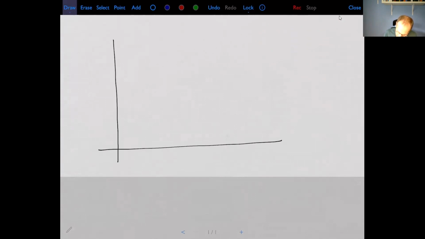So X, Y, but we're going to assume that the X axis is time in seconds. And then on the Y-axis, I'm going to have position, which is in centimeters, let's say. And let's assume our graph is linear, just to start. So we'll assume that our position versus time graph looks like this.